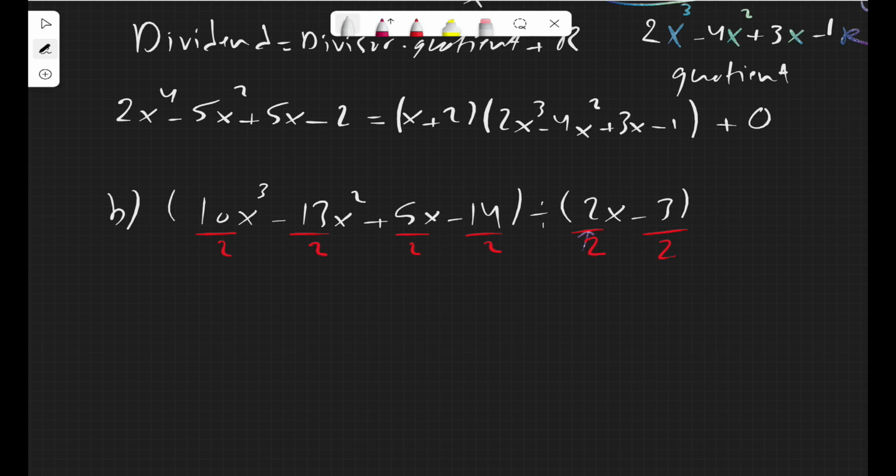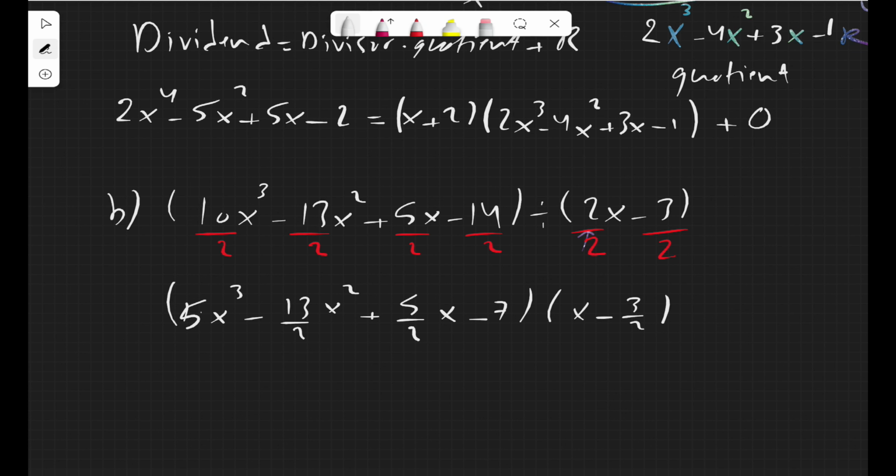The question turns into 5x to the power 3 minus 13/2 x to the power 2 plus 5/2 x minus 7, divided by x minus 3 over 2.